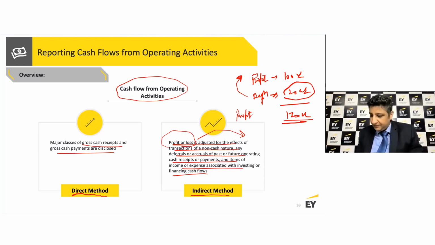So when you look at this 100, it does not represent the cash amount of the business, right? So you obviously have to make an adjustment for something like depreciation in this case. Similarly, there could be other aspects that you need to adjust, with respect to some accruals or deferrals, with respect to the cash payments or the cash receipts, etc., to arrive at the cash from operating activities. That's the reason why this method is called an indirect method.